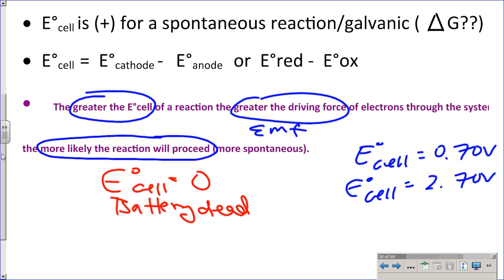Do battery testers test the E cells? You mean like the ones where you push on it, it tells the length of the battery life? Like the ones where you just put it in a battery socket, so it shows a light if it's red or green. I'm thinking of the ones where you push on the battery to see how much juice you've got left in it. That's a different type of cell.